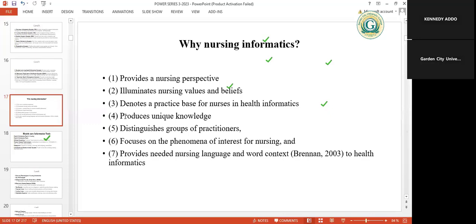So please, bring out your views on that. What tools do nurses in informatics work with? What are the tools you are working with?